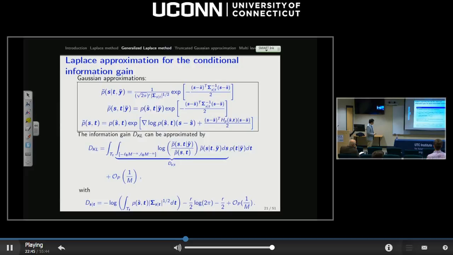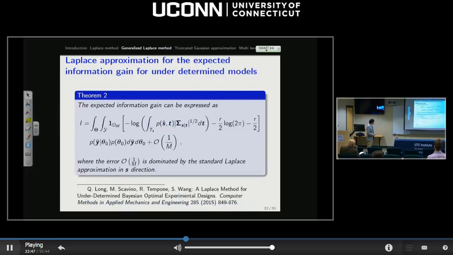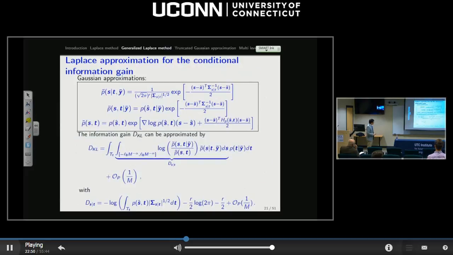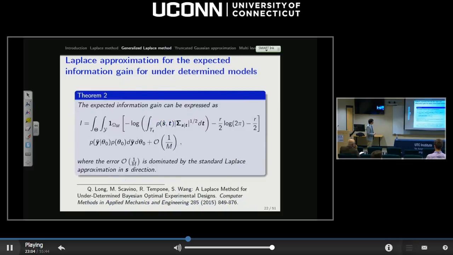And now we can compute. We replace all the weight function using the approximated weight function, and here is the Laplace error.